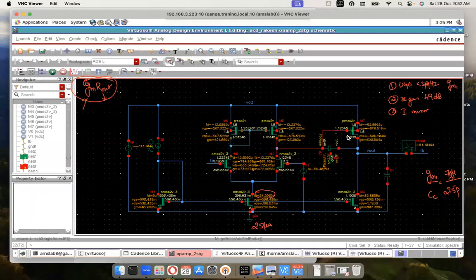But the output transistor is not sized properly, so you have a problem with the loop. Because of this issue, there will be a current mismatch. You see that on the left, the current is 12 micro. On the right, the current is 12.2 micro. There is a current mismatch. This leads to some inaccuracy, some mismatches.